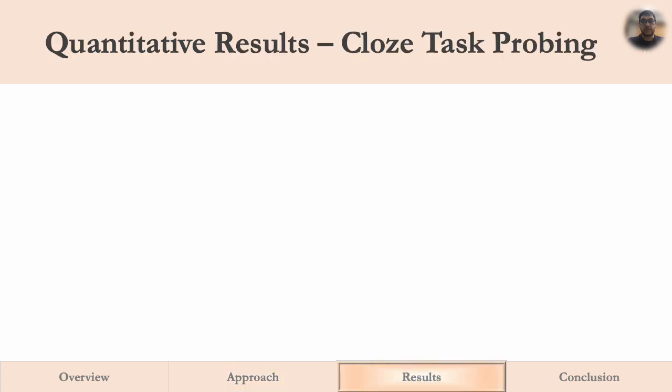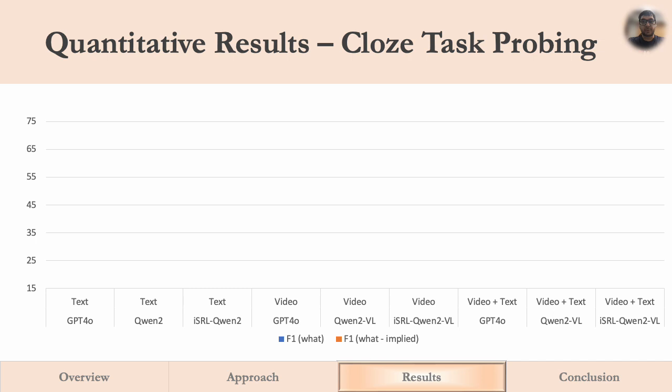We compare diverse models and our fine-tuned model on closed task probing. We use F1 score for entity argument prediction. To further understand the ability to predict implicit information, we compute F1 score only for implicit entities, which are not mentioned in the current procedural instruction and require the model to use multimodal and temporal context. The current plot focuses on three models.